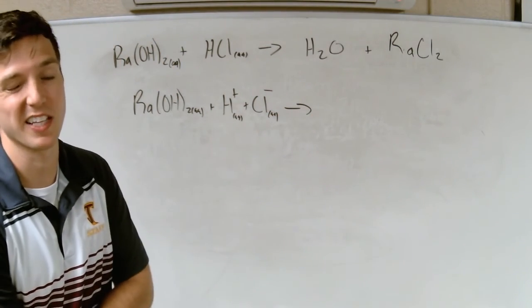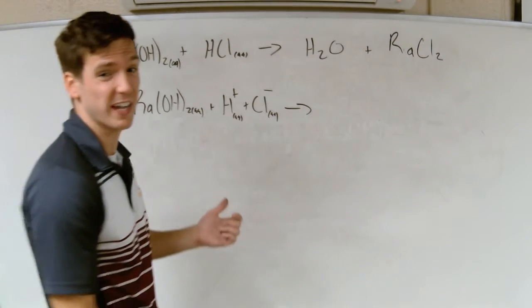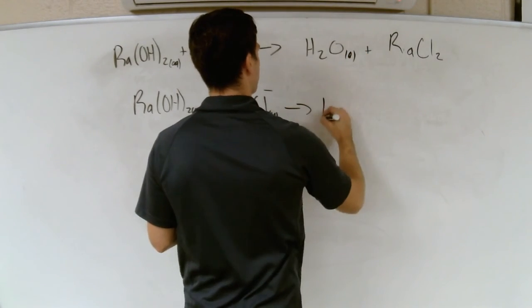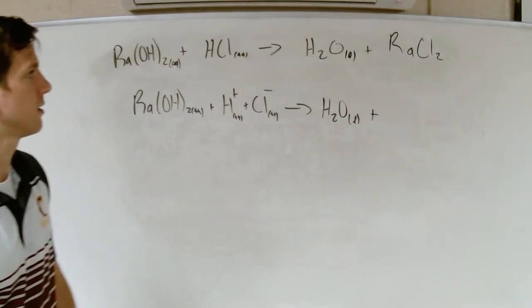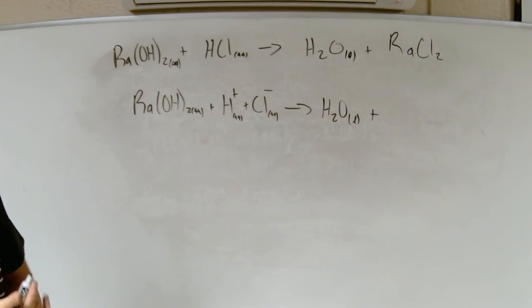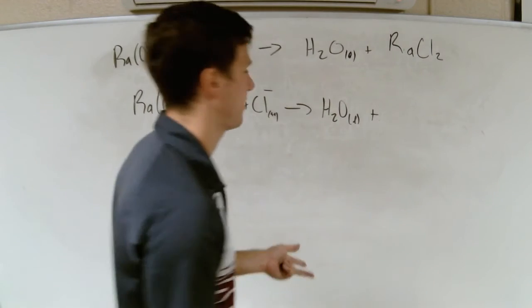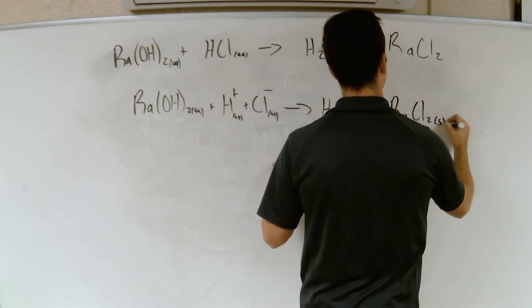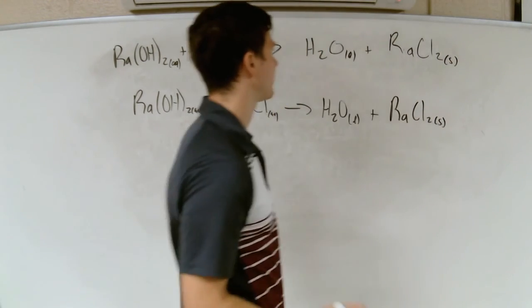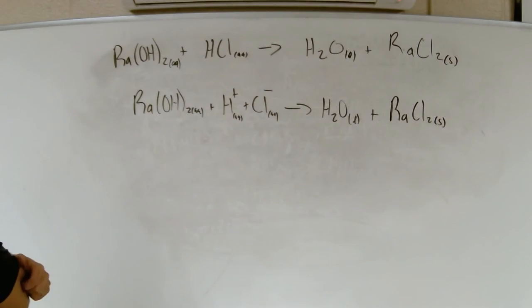H2O, remember that's a liquid, right? It's got no NaCNO, it's not a strong acid or a strong base. It's just a liquid, so it'll stay as is. And then radium chloride: NaCNO, no. Strong acid, strong base, no. So it must be a solid as well, so it stays together. Oh, I forgot to balance this guy.